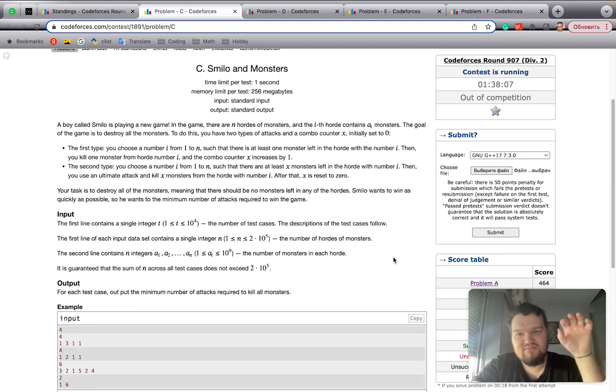So the minimum number of combo attacks we will use is equal to the minimum number of monsters we need to apply combo attacks to, but we know that combo attacks should take half of all health points of all monsters.